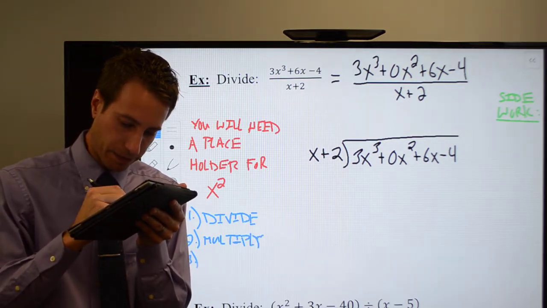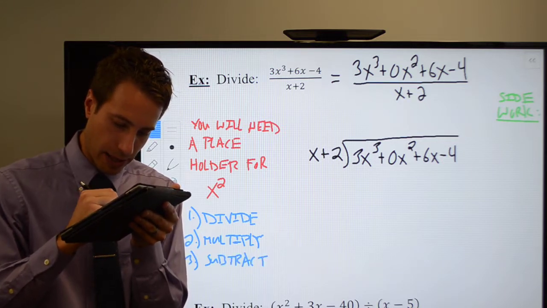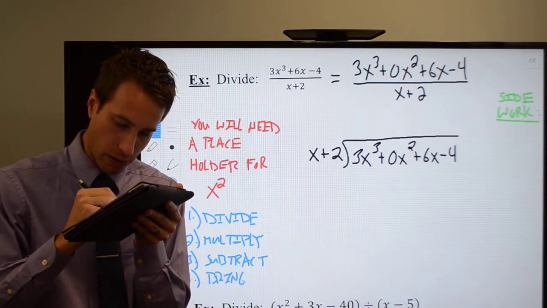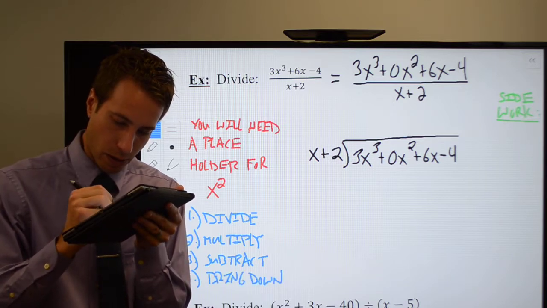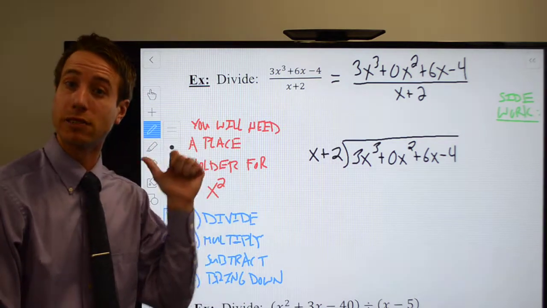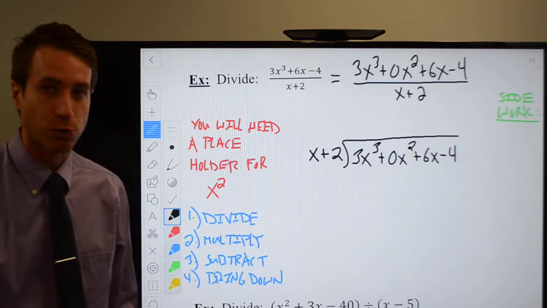Step 3 was to subtract. And step 4 was to bring down. Okay, so I've got my process here from long division back in middle school. We'll follow this same process to now do algebraic division.